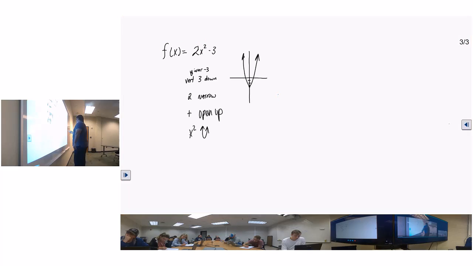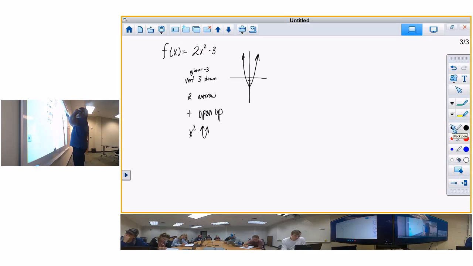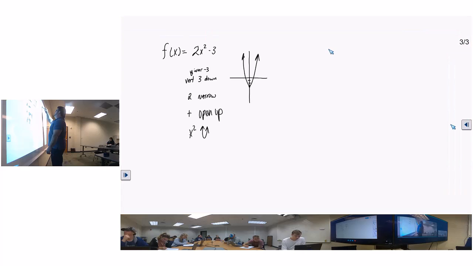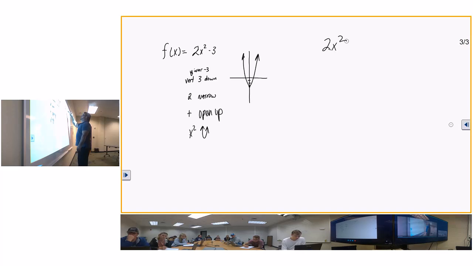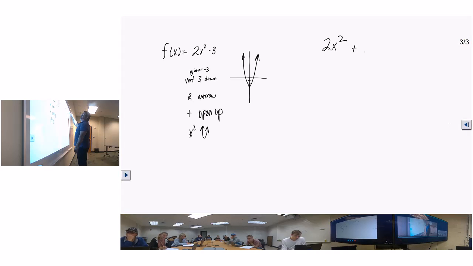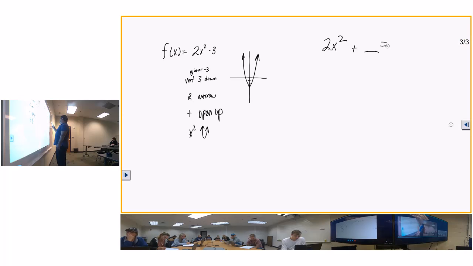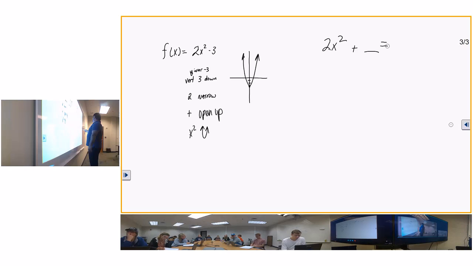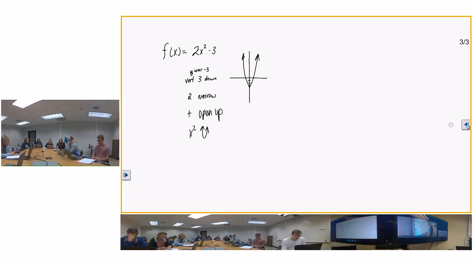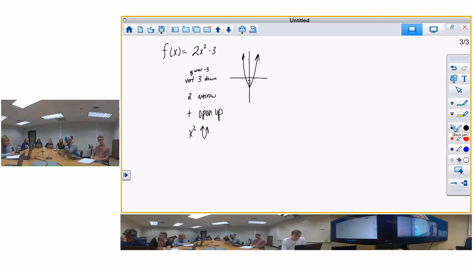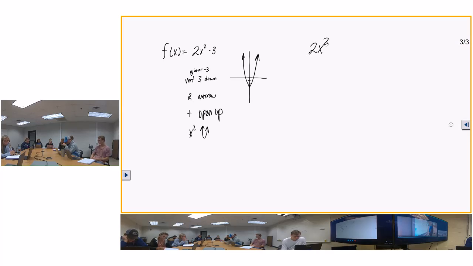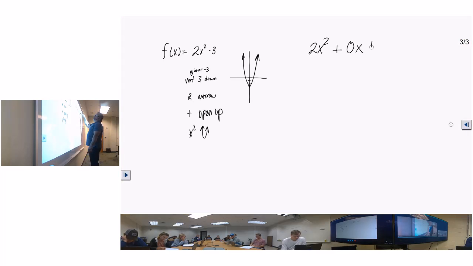So I go 2x squared plus 0x plus blank is equal to 3 plus blank.